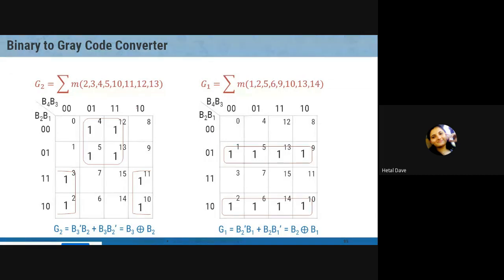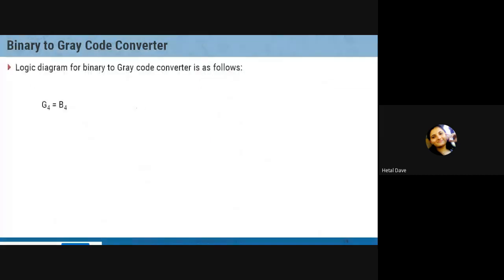Once the equation is there, then we need to make a logic diagram. So how many inputs? 4 inputs, 4 outputs. What is G4? G4 is equal to B4. So directly one wire is connected. What is G3? G3 is B4 XOR B3. So B4, B3 are XORed together.